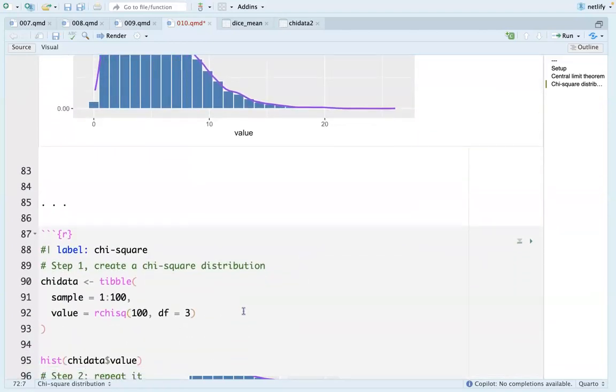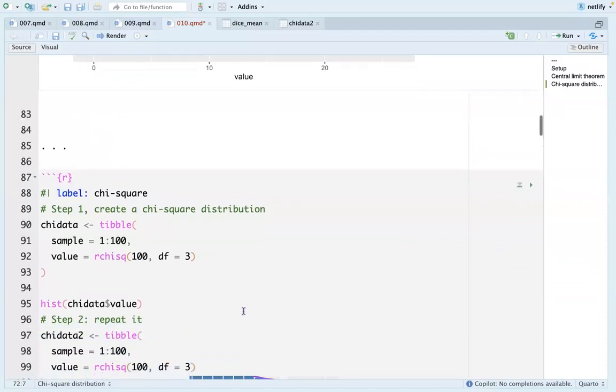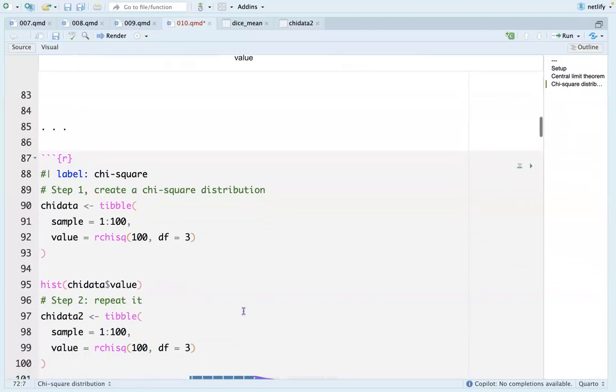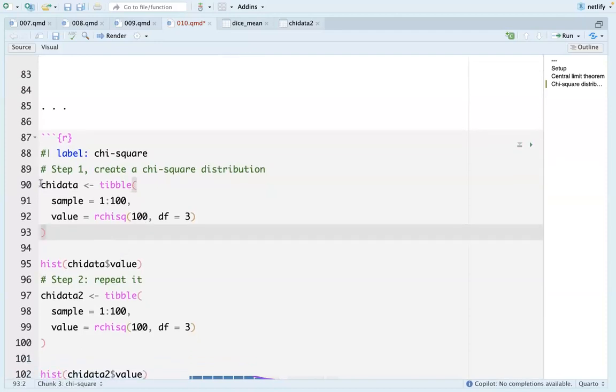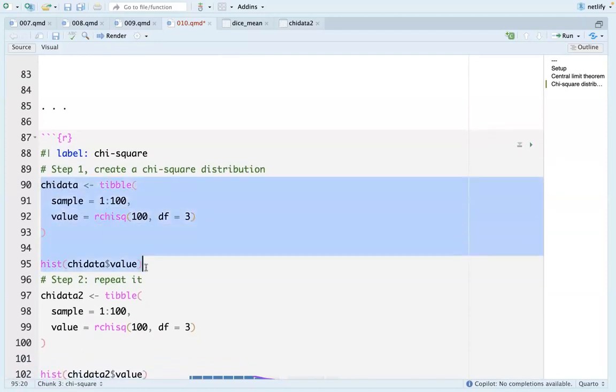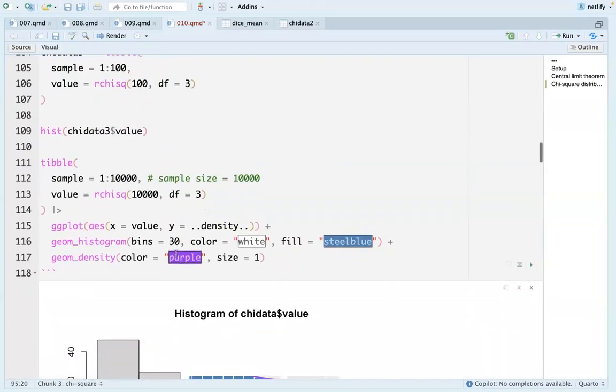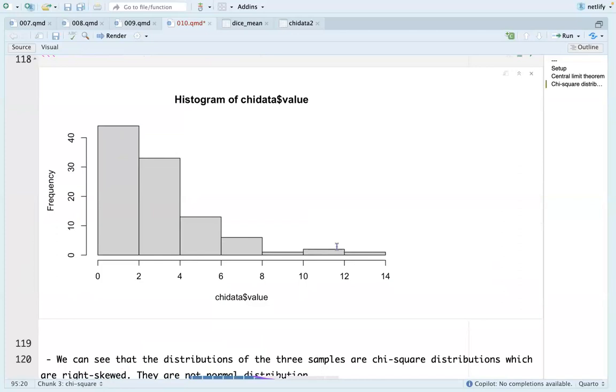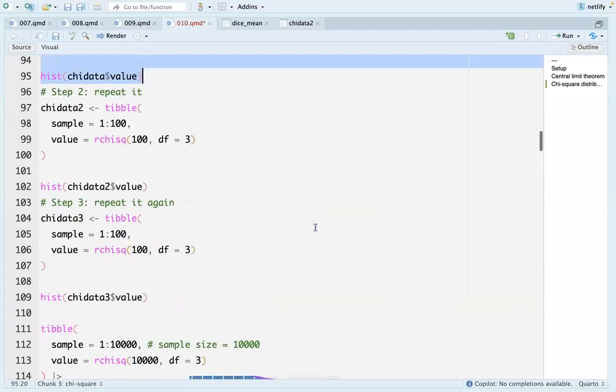Now I'm going to show you the central limit theorem. In this case, we have a sample of 100 with degrees of freedom of 3. Okay, we got this distribution.